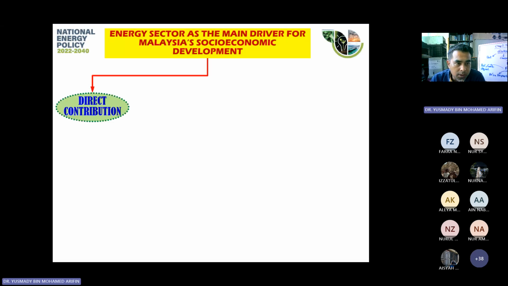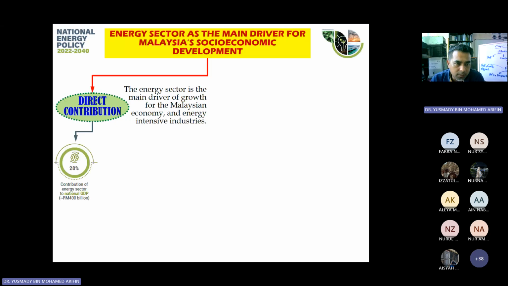Okay, so this policy has direct contribution, where the energy sector is the main driver of growth for the Malaysian economy and energy intensive industry. For example, through this policy we will have a 28% contribution of the energy sector to national GDP, which means the energy sector will contribute around RM 400 billion to the growth of the Malaysian economy.